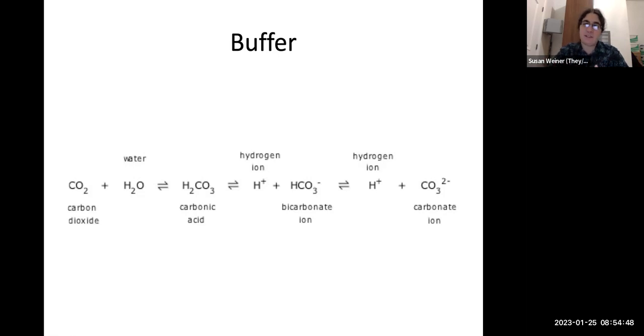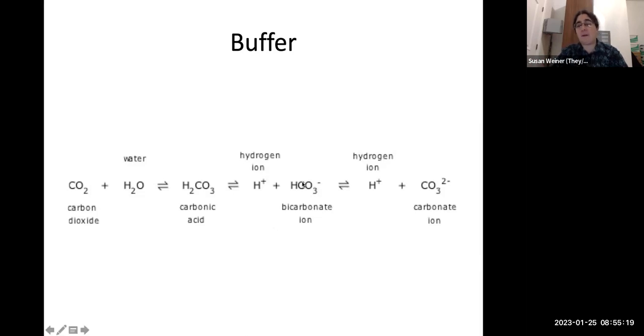Now, we work with buffers in the lab, so once again, this should look familiar. This is our bicarbonate buffer system. And what happens here is this allows it to release H plus or pick up H plus ions, depending on what is happening in the body. And that causes the pH to change much less with the addition of acid or base than it would without this buffering system.